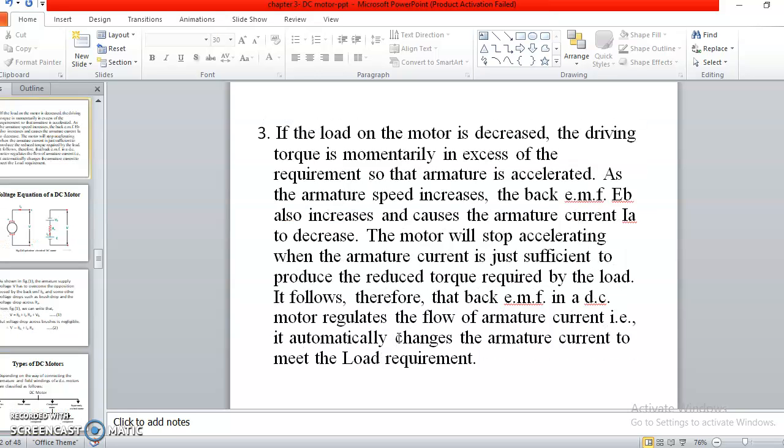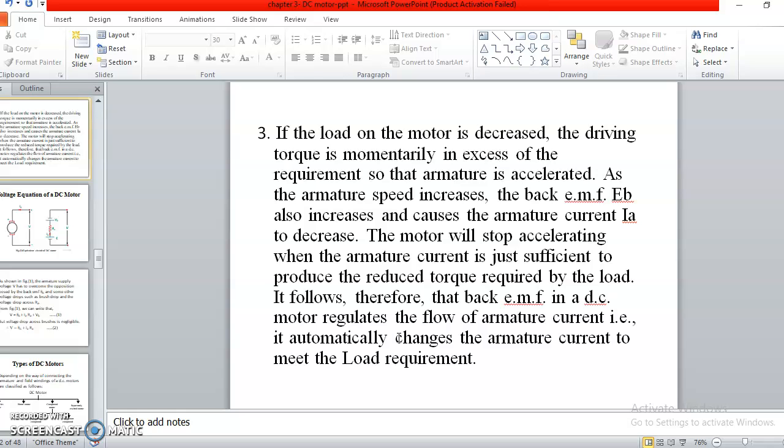On the opposite side, if the load on the motor suddenly decreases, the driving torque is momentarily in excess of the requirement, so the armature is accelerated. As the armature speed increases, the back EMF EB also increases and causes the armature current IA to decrease.